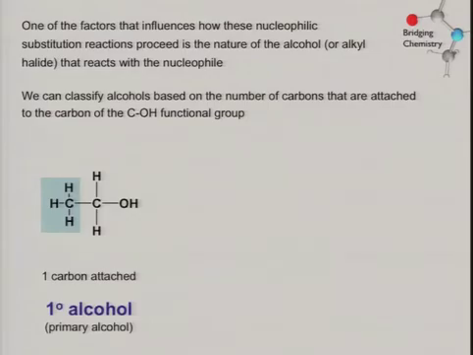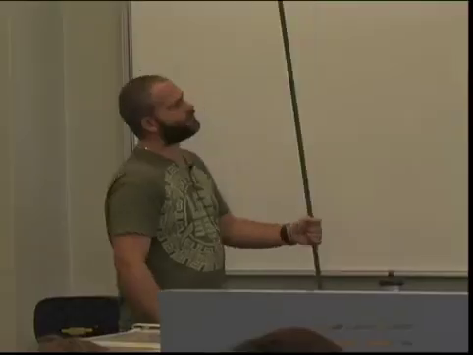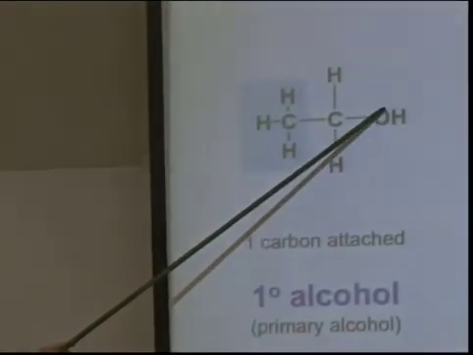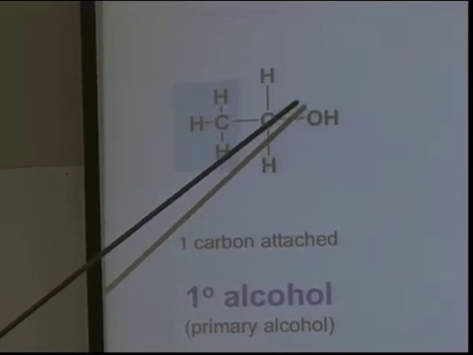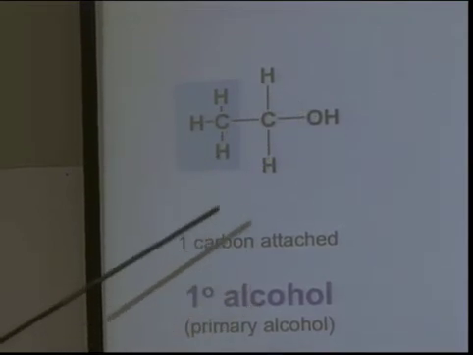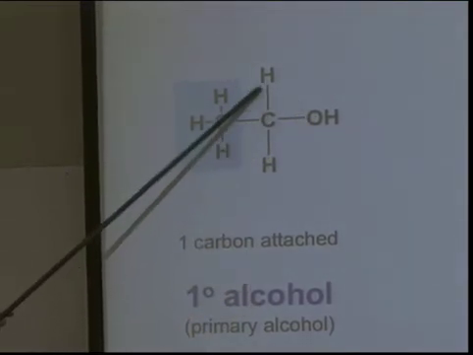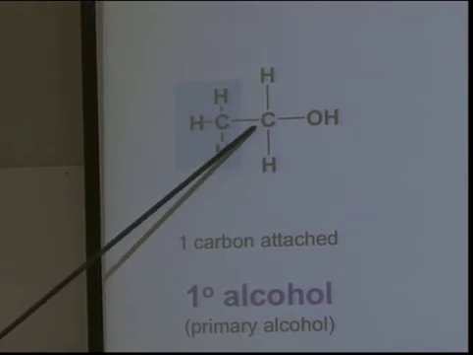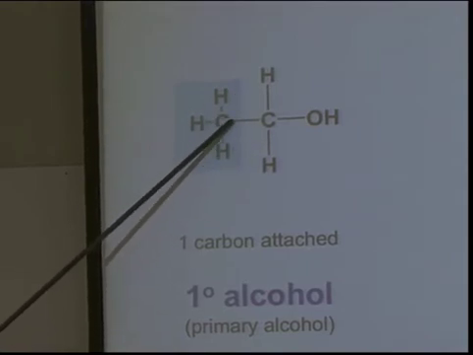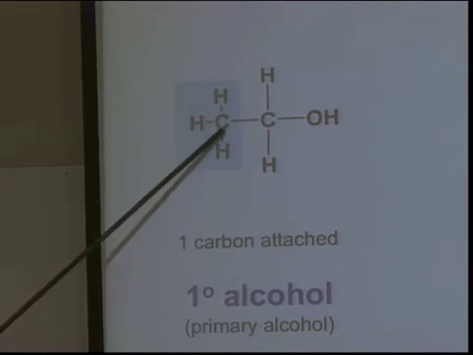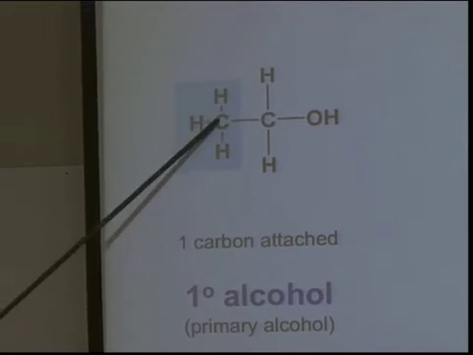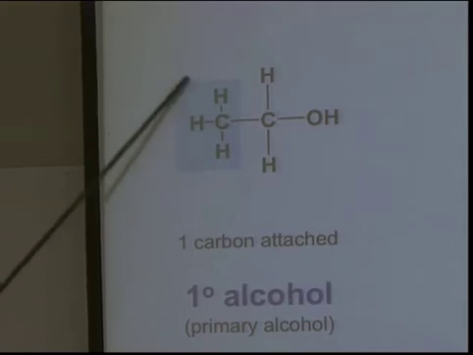And so you can imagine a situation where you have an alcohol like this, where here's your carbon, which has the OH group on it, right? So if you like, this is going to be the leaving group in a substitution reaction. And this carbon, in turn, has 2 hydrogens attached to it, and then 1 other carbon. So if you like, this is 1 R group out here. And I've drawn that in as a CH3 group, as a methyl group, but that could be an ethyl or a propyl or anything you like out here.